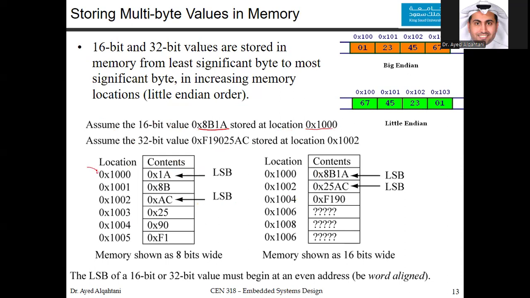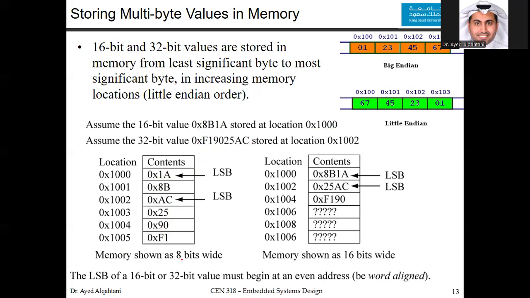In little endian order, you start with the least significant byte first, so you have this one first, and then followed by this one. If you have another value, which is 32 bits in this example, then you follow with AC, and then 25, and then 90, and you end up with F1.